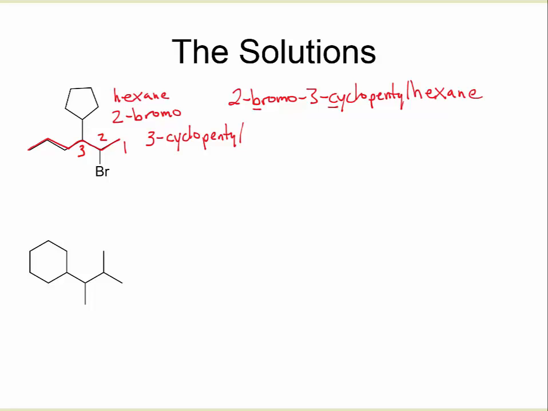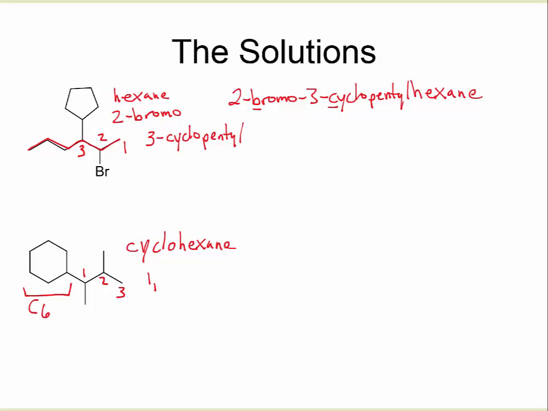For the next compound, the larger portion is definitely the C6, so I know that cyclohexane is going to be a portion of the name. The side chain can be named a number of ways, but I think it's going to be easiest to name it as a dimethylpropyl group.